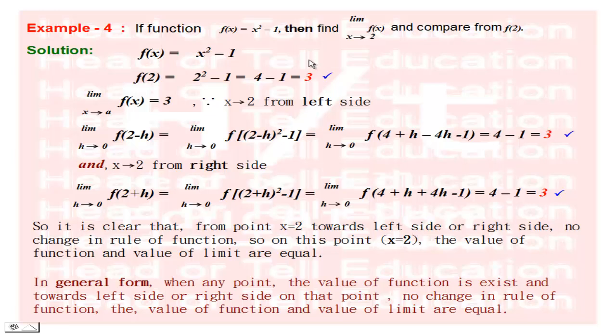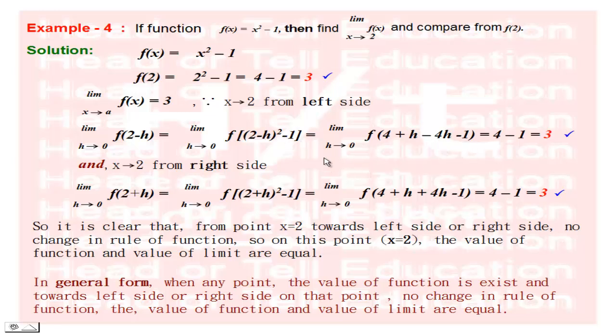Next, check the limit as x tends to 2, from the left side. So limit x tends to 2 minus, which is limit h tends to 0 of f(2 minus h), equals limit h tends to 0 of (2 minus h) square minus 1. We expand the square (2 minus h), which is 4 plus h square minus 4h, and lastly we add minus 1.